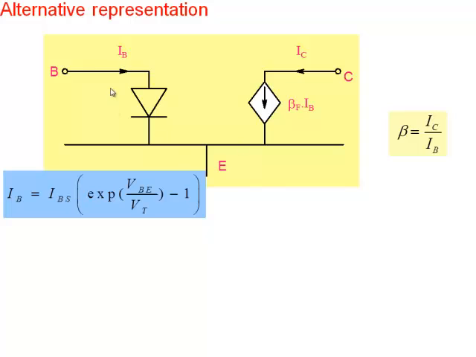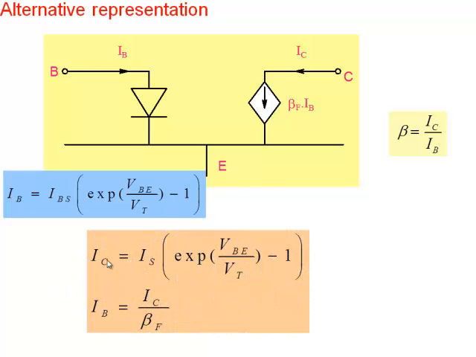Okay. So note that IB that you see here is a PN junction diode current. So IB we can write as some saturation current, exponent VB by VT minus 1. IC then will be equal to beta times IB. So beta times this one is written as some IS, exponent VB by VT.